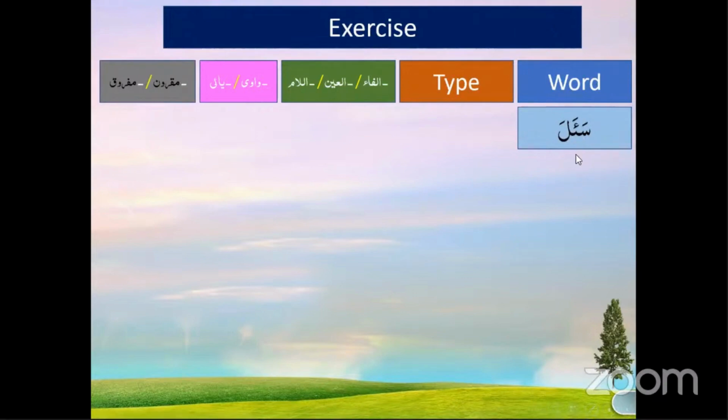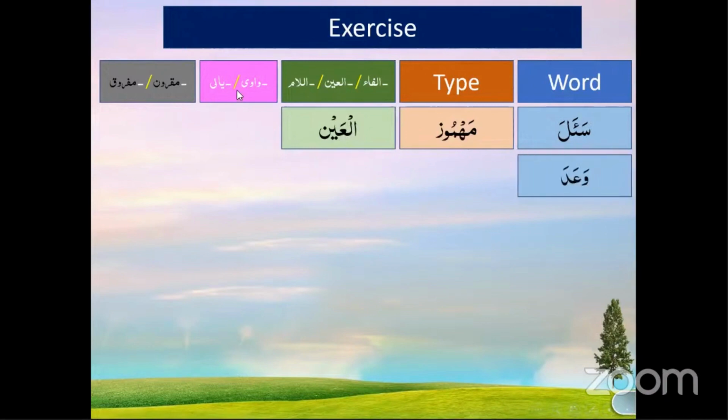Yes. So the type is mahmuz. Agree? Then the next thing is you will say this is mahmuzul ain. Then the next one will be blank because these are for the mu'tal category.